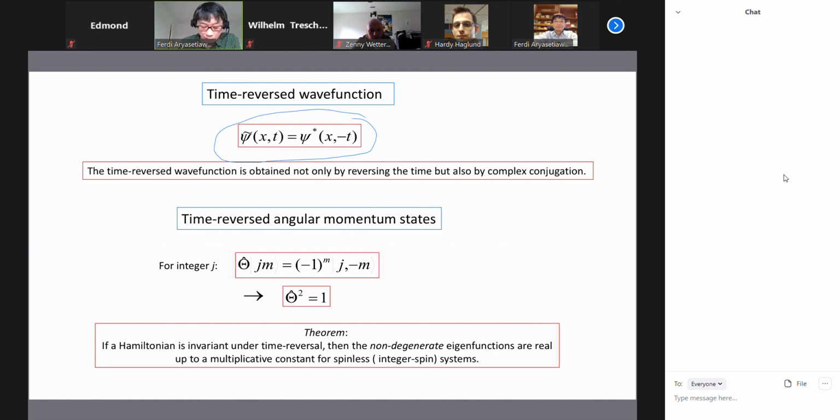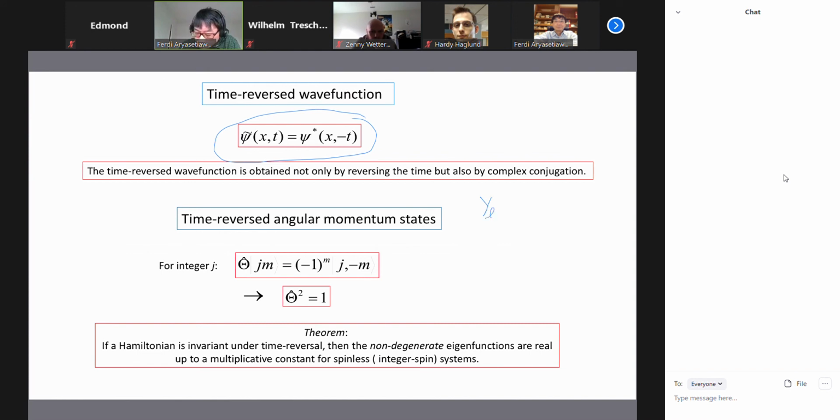We can also look at the effect of the time reversal operator on angular momentum states. To do this, we can make use of the properties of the spherical harmonics.